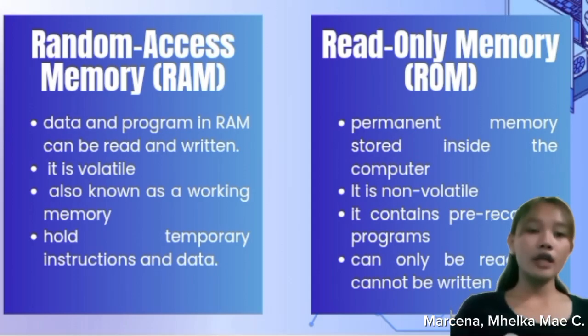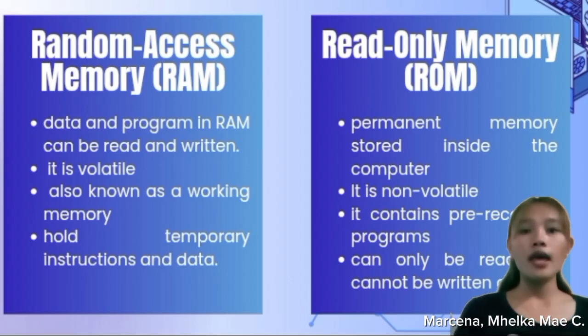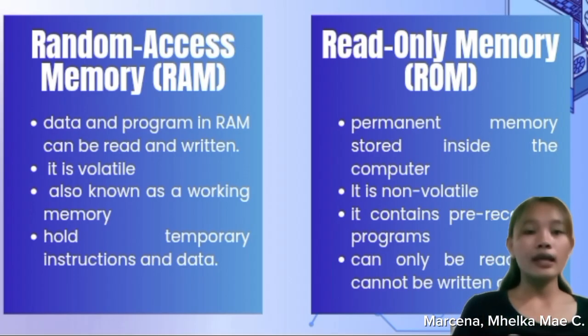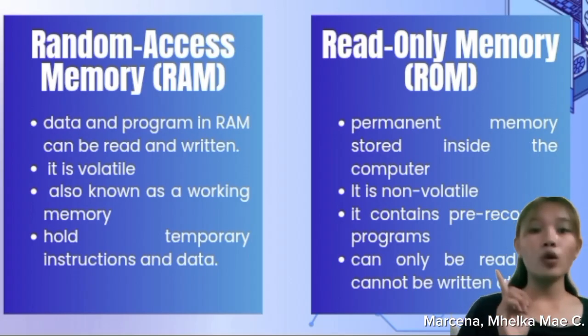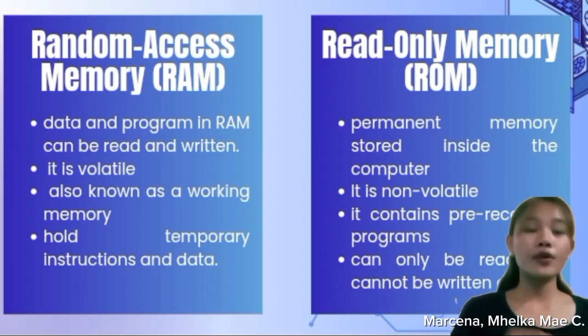Okay, so ROM on the other hand is permanent, stored inside the computer. It contains important data and instructions that cannot be changed once recorded by the manufacturer. And it is non-volatile, meaning the data remains even after the computer is turned off. It contains pre-recorded programs that help start up the computer, like the BIOS, which loads the operating system.